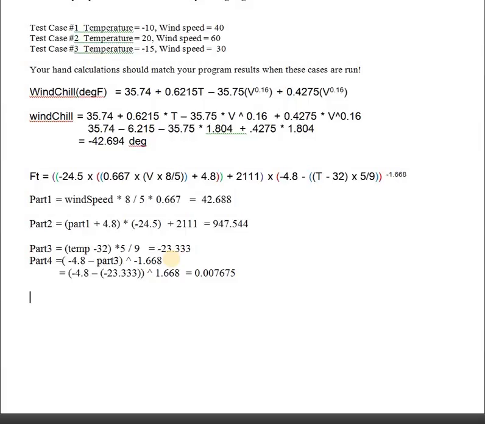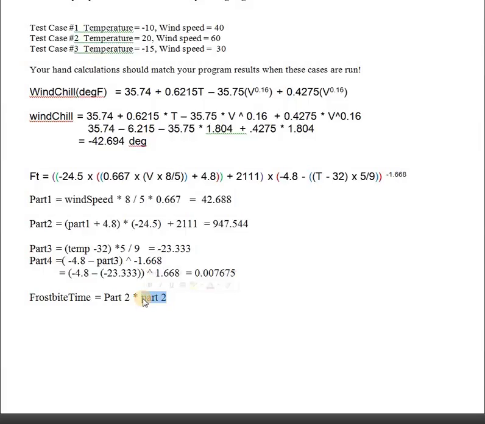Finally, frostbite time is going to be part 2 times part 4. Because part 2 was the first section and part 4 is the second.